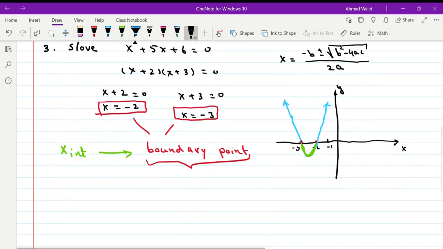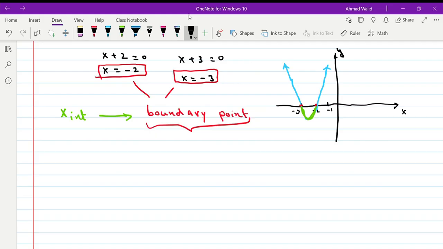In this example, I do a lot of explanation. Don't be confused. Draw your number line. You don't need to graph the parabola, just draw a number line. I used this graph only to explain what a boundary point is. Mark two points here: one as -2 and the other as -3. The x-intercepts show your domain, how many intervals you have.